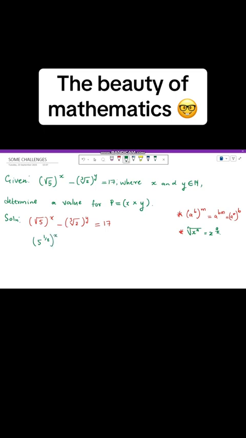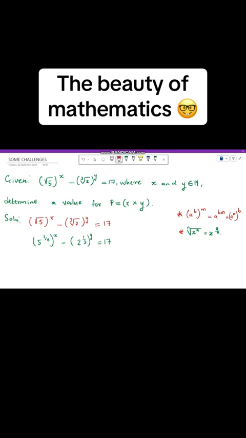So I can have 5 to the power of half all to the power of x, and this one, my index is 3, so I can express this guy as 2. What is my radicand? Is 1 there, so I can have 1 over 3, then all to the power of y equals to 17.